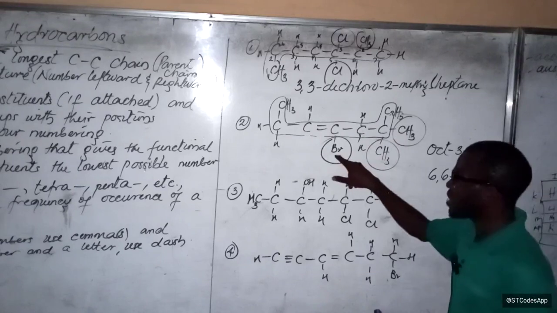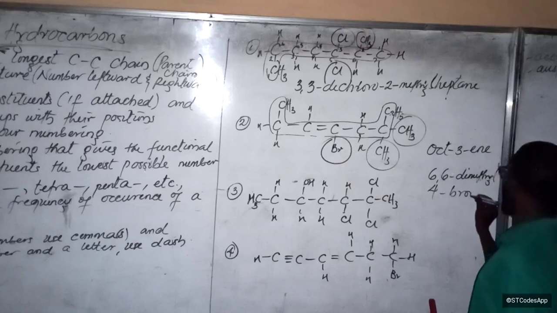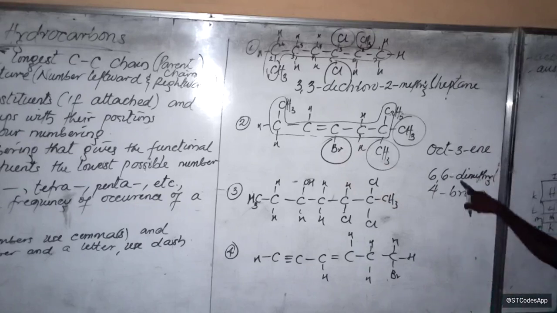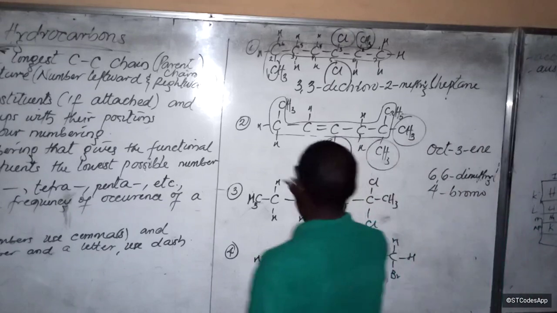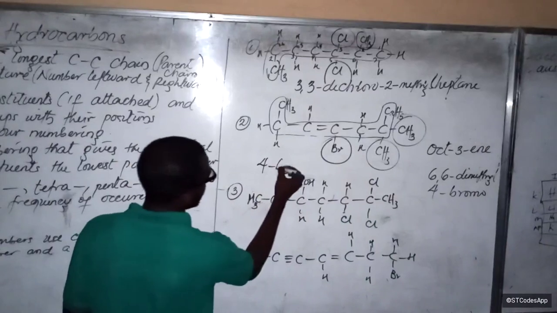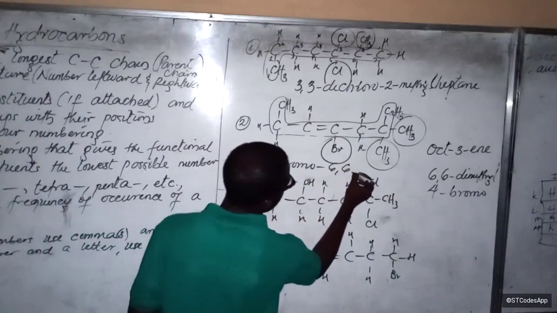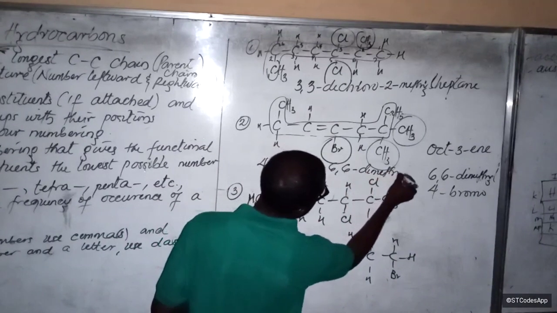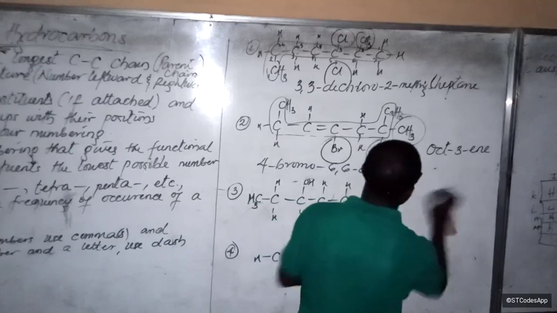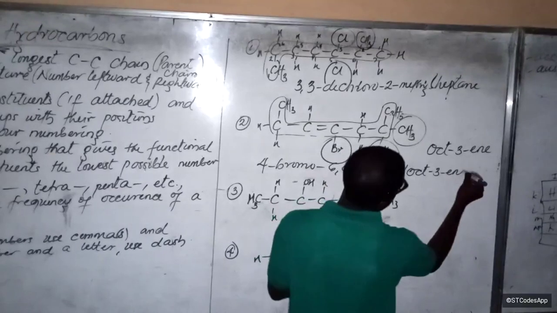And here we have bromo on 4. That will be 4-bromo. Now you ask yourself, which of these will come first? Bromo, of course. So we go on to writing the name as 4-bromo, 6,6-dimethyl, oct-3-yne.